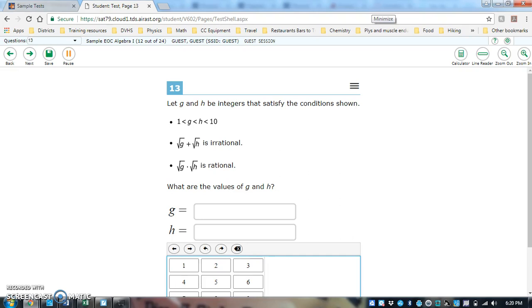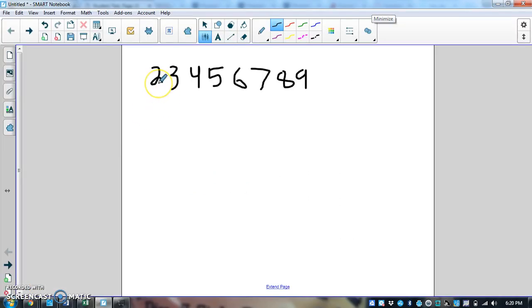That means that the square root of G and the square root of H cannot be perfect squares. Perfect squares would give me a whole number, which would be rational. If I know my numbers are between 2 and 9, I know that 4 and 9 cannot be options because they, of course, are perfect squares.